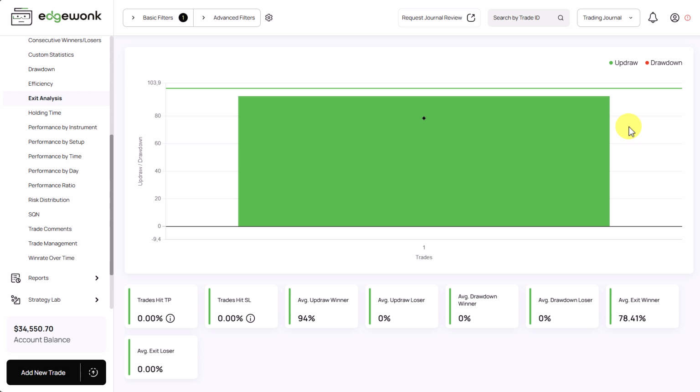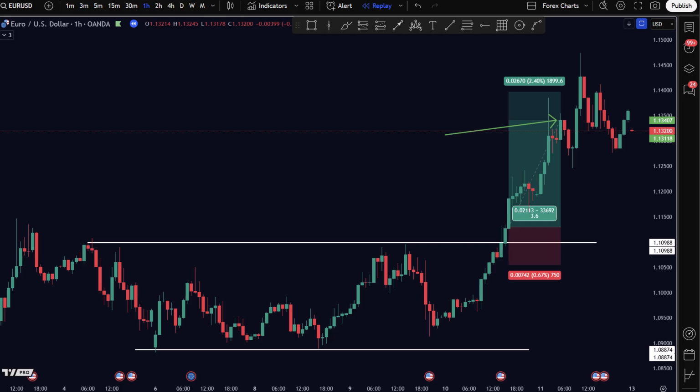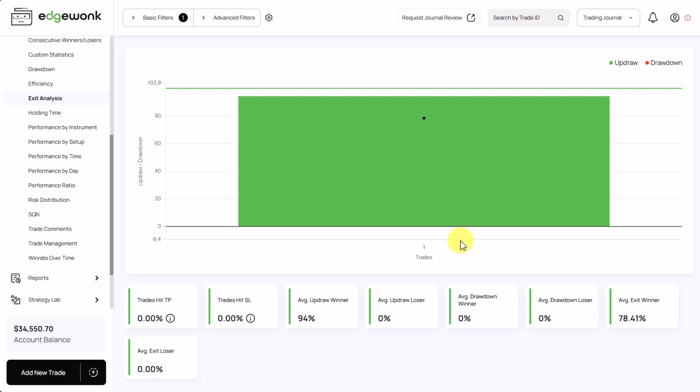Very often we have seen that traders, with the help of the exit analysis graph, are starting to play around with different take profit and stop loss strategies. In this case, you can see we are missing the drawdown. That's because the price didn't move against us. The price from the entry just took off and never went against us. But if you would have seen that the price moved here against you towards your stop loss, this would also bring up here the red part.